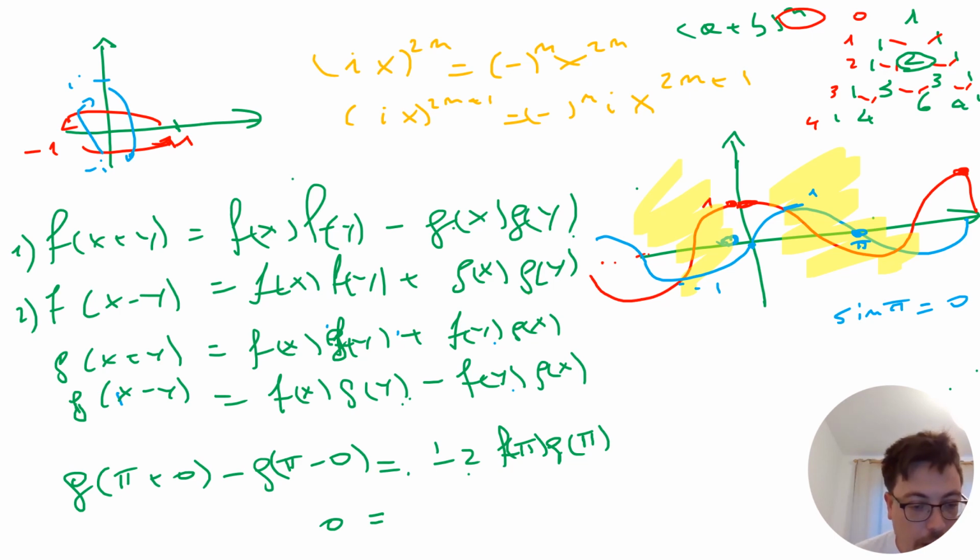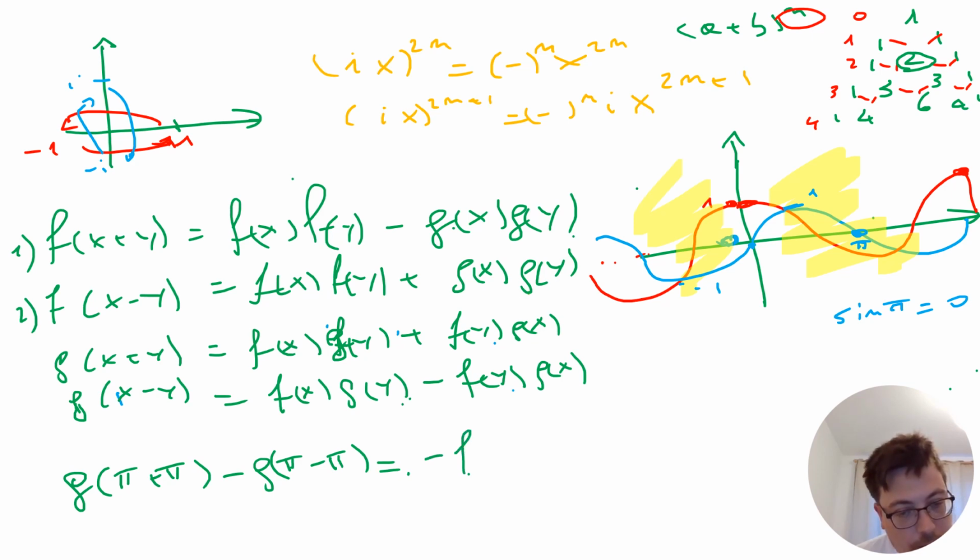So this is not very useful. Let's see if I can get this one, 2 pi, g of 2 pi. And this should be good, f of pi, g of pi. Let's see if this works out.